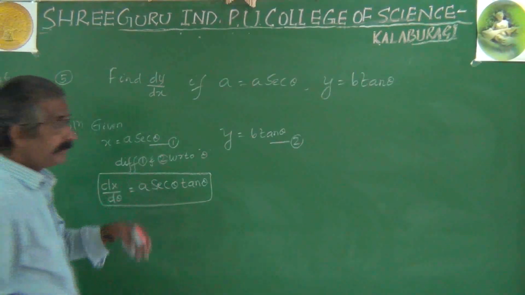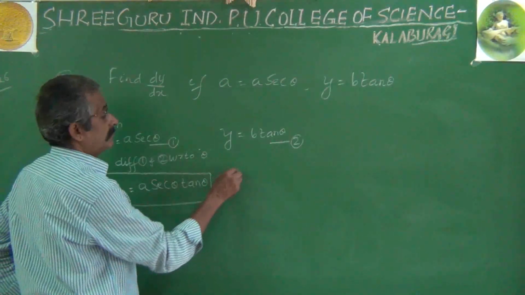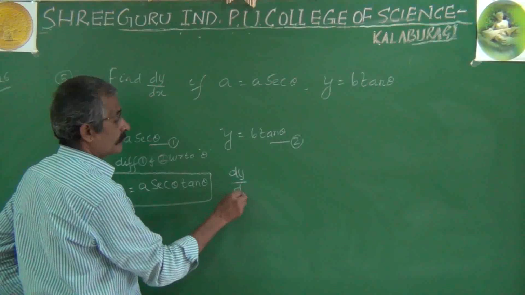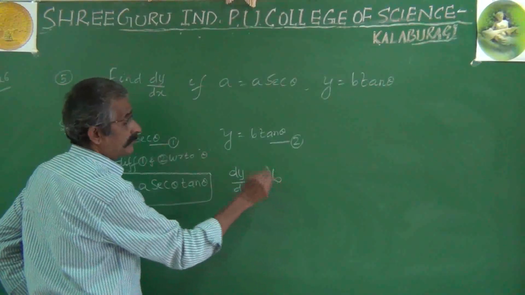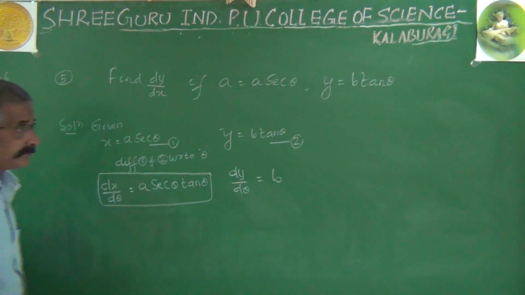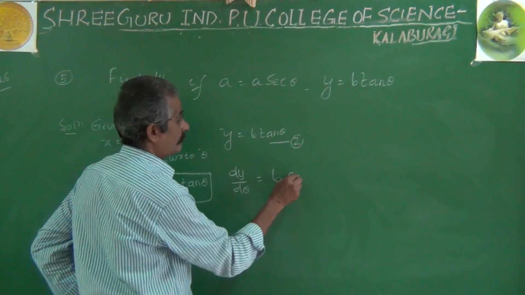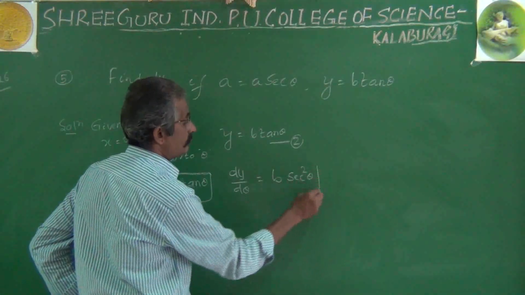Similarly, we differentiate 2 with respect to theta, that is dy by d theta equals b into the differentiation of tan theta, which is secant square theta.